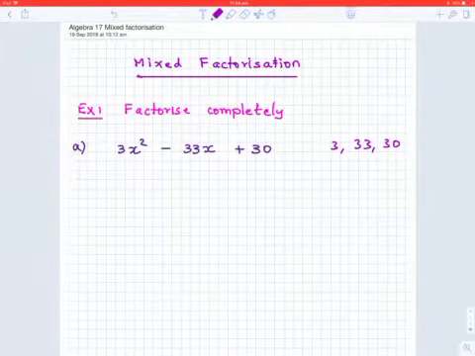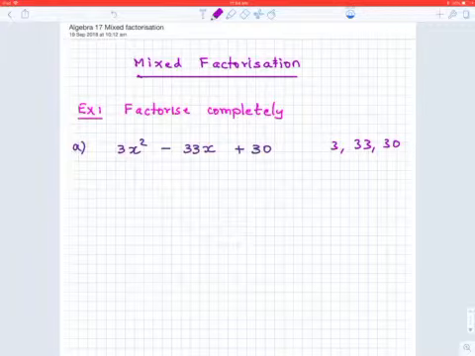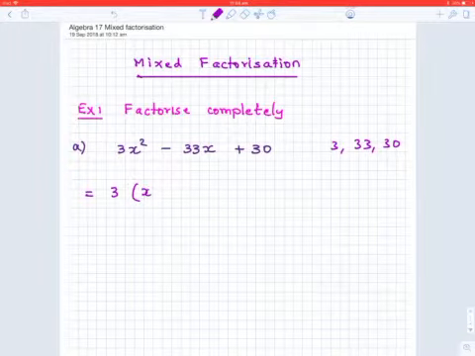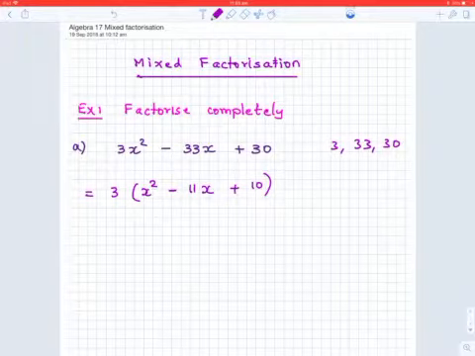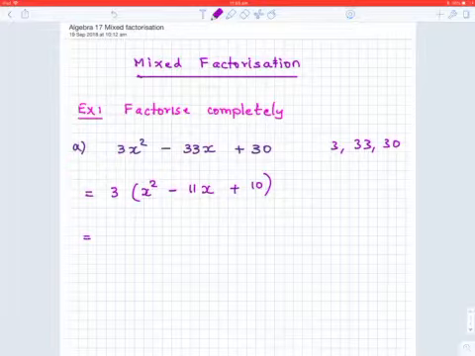We can straight away see 3 goes into everything. So when I take that out, my question looks much easier. When I do that, 3 bracket x square take away 11x plus 10.